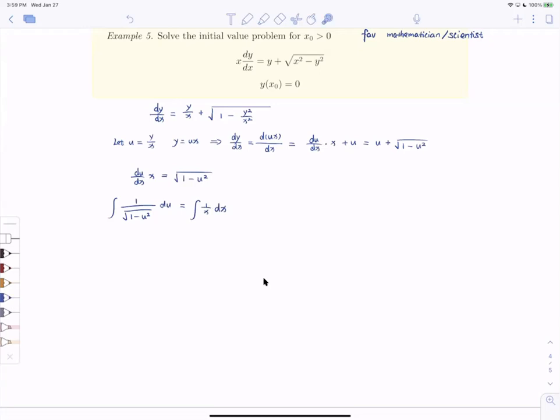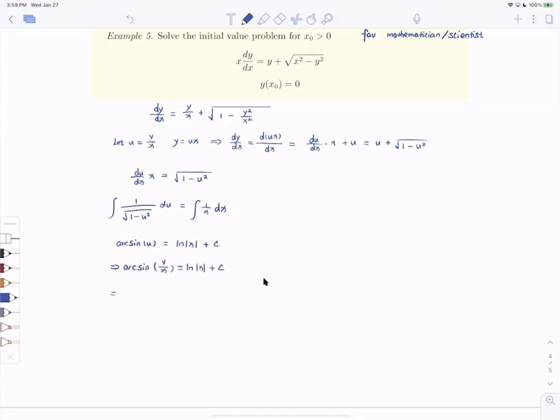Alright, so what is on this side? What is this? Anyone remember? Arcsine, exactly. So this is arcsine u equals log absolute value of x plus c. So arcsine of y over x equals log x plus c.